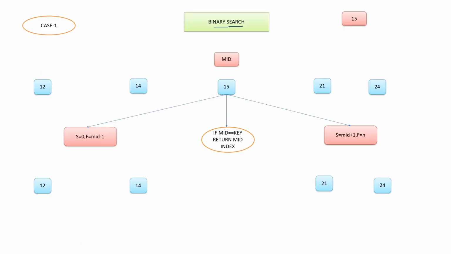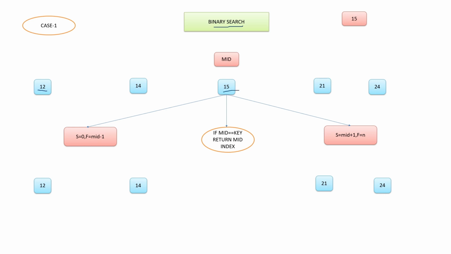So now we understand what binary search is. Binary search divides our array into two parts. Here 12, 14, 15, 21 and 24 are the elements of an array, and we divide the array through the mid element. The first half is 12 and 14, the second half is 21 and 24, and the mid element between them is 15.